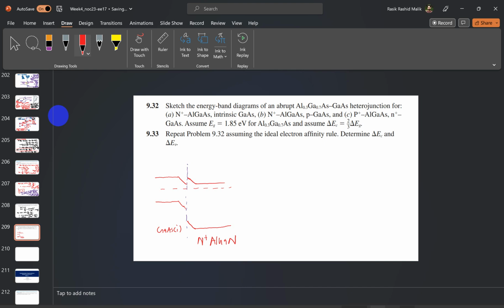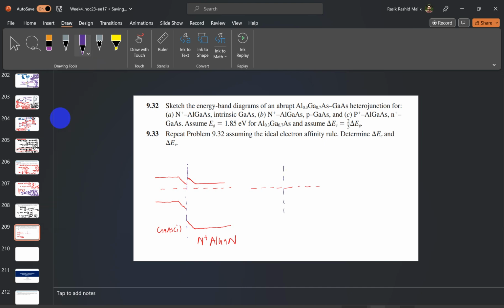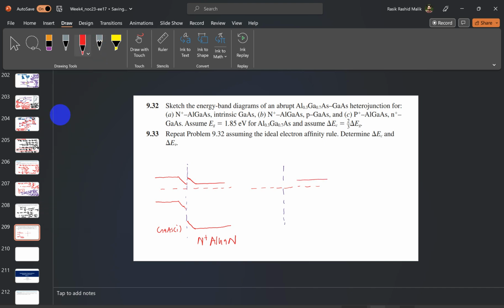So what will happen in this case? We have again the intrinsic Fermi level, and this is the interface. Here again we have the wider band gap material, and originally it is P type now.